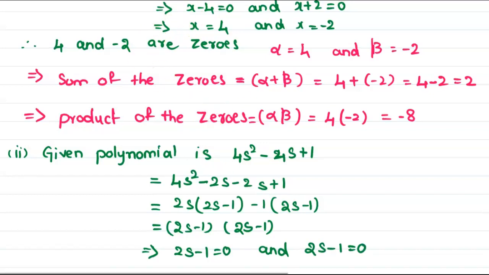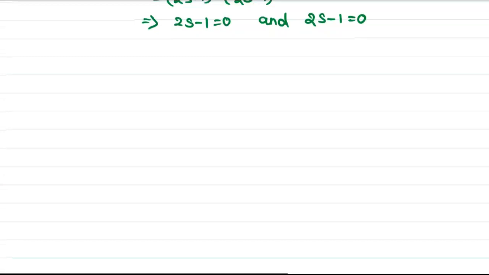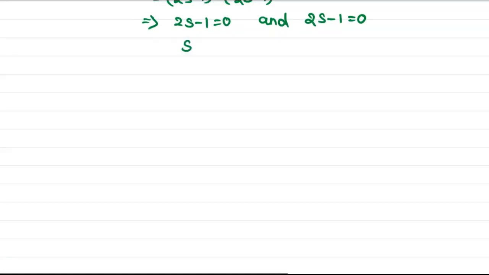So we get the s value: s is equal to, minus 1 becomes plus 1 after moving to the right side, so that is 1, and 2 in the division position, so s is equal to 1 divided by 2. Here also s is equal to 1 by 2.